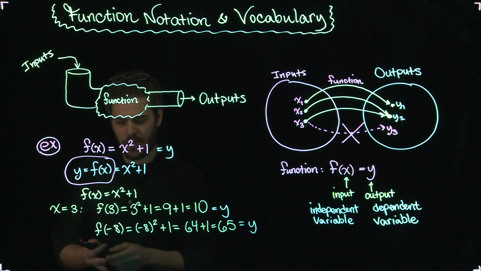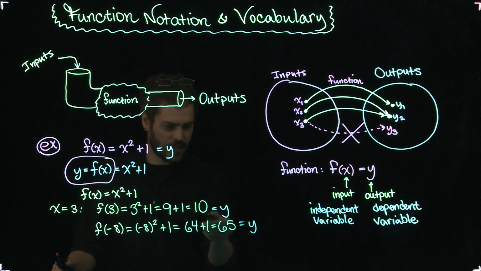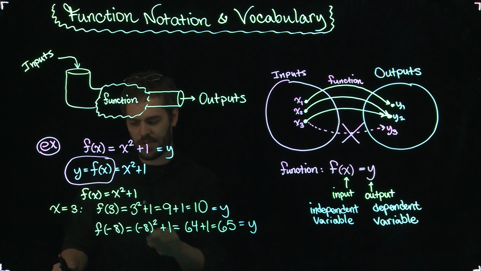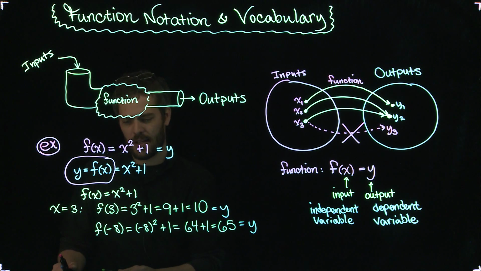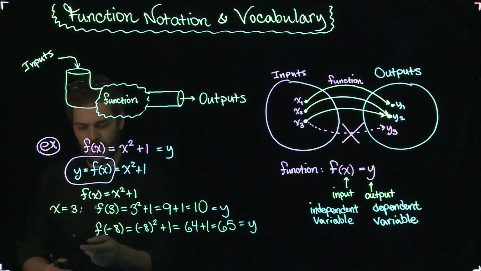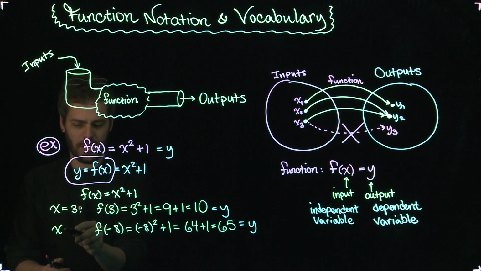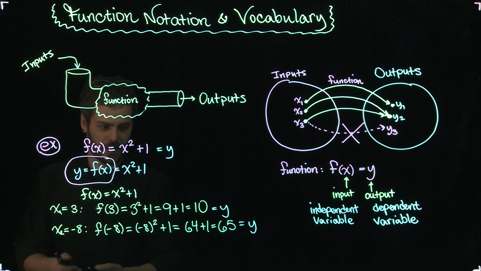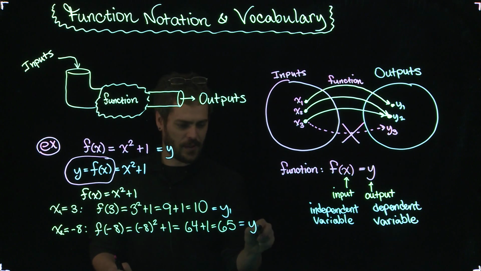Okay. So these are particular x values. Those are particular y values that correspond to those x values. And maybe I could give them particular numbers. I could call this one x1 and this one x2. Okay. x1, x2 as my particular inputs. That makes this y1 and y2.